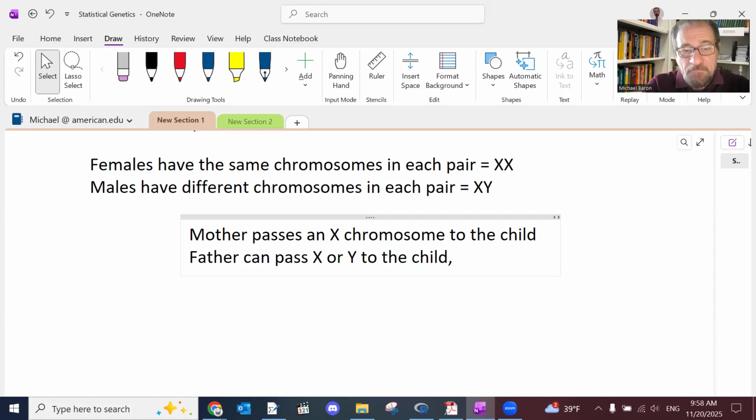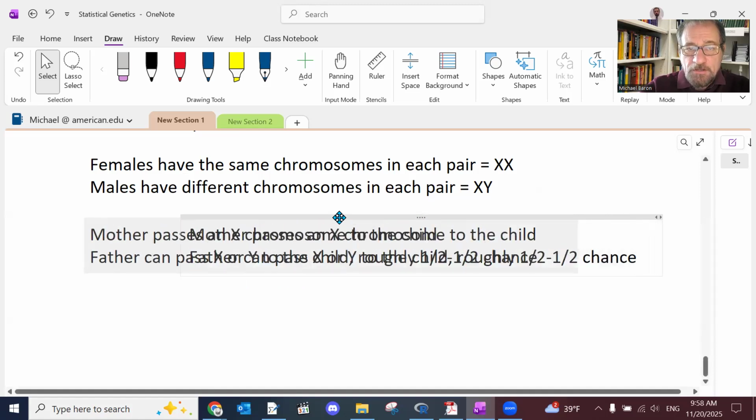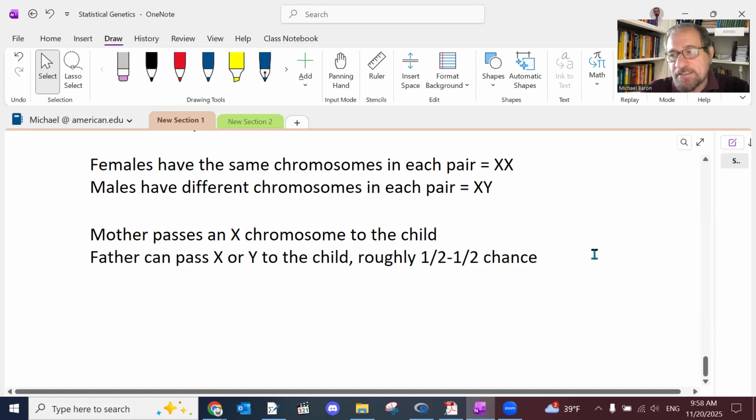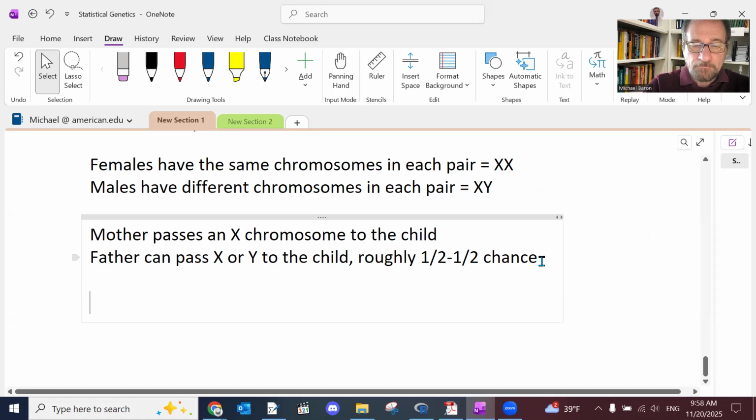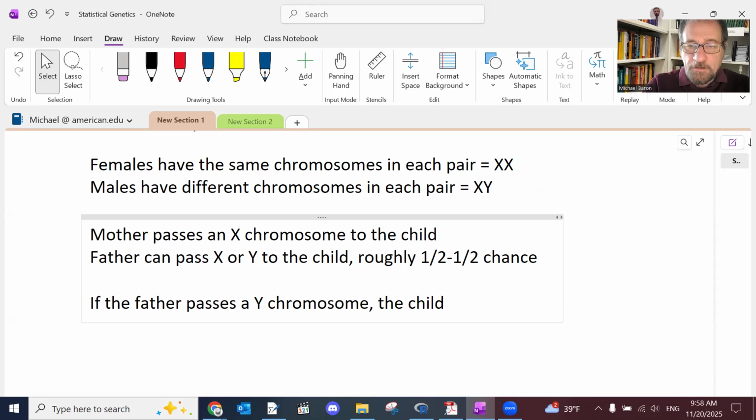And this is roughly a 50-50 chance. It may depend on the species. It's believed that there is a slightly higher chance to pass a Y chromosome. And if the father passes the Y chromosome, the child will be male or female?